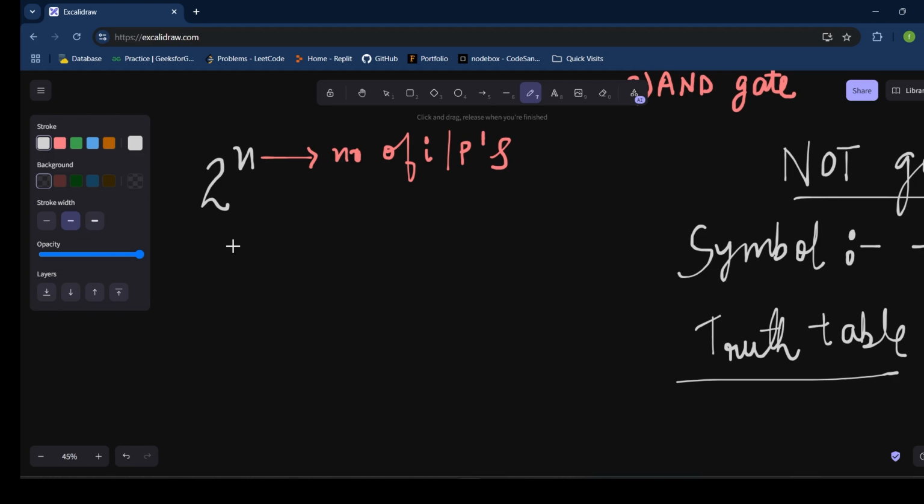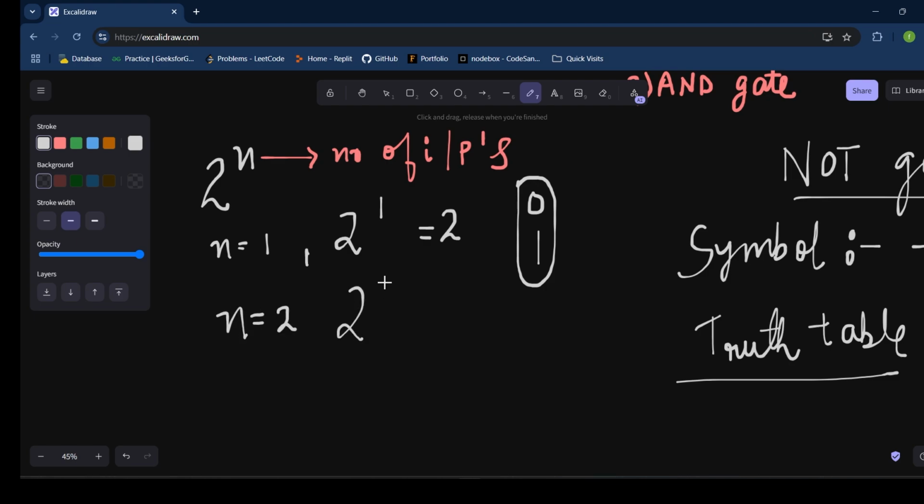Suppose we have the number of inputs as 1, then 2 to the power 1 will be 2. It means we will simply have two combinations like this, simply 0 and 1. If we have the number of inputs as 2, then 2 to the power 2 will be equal to 4.